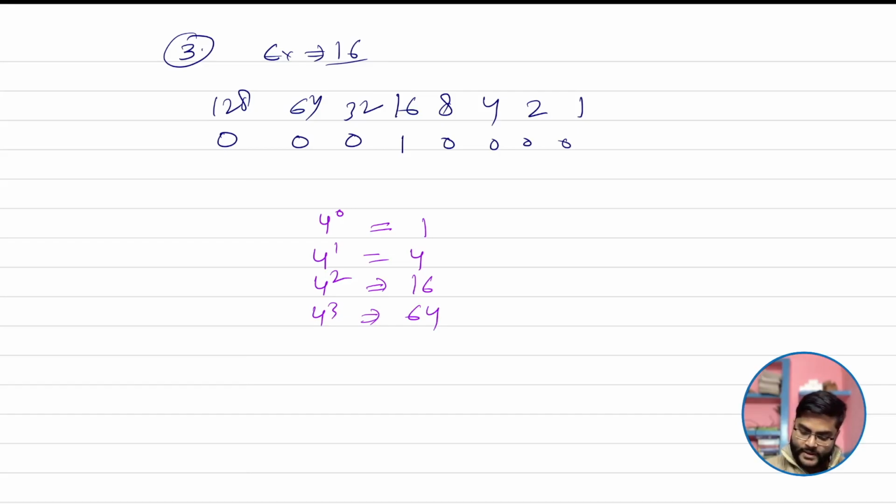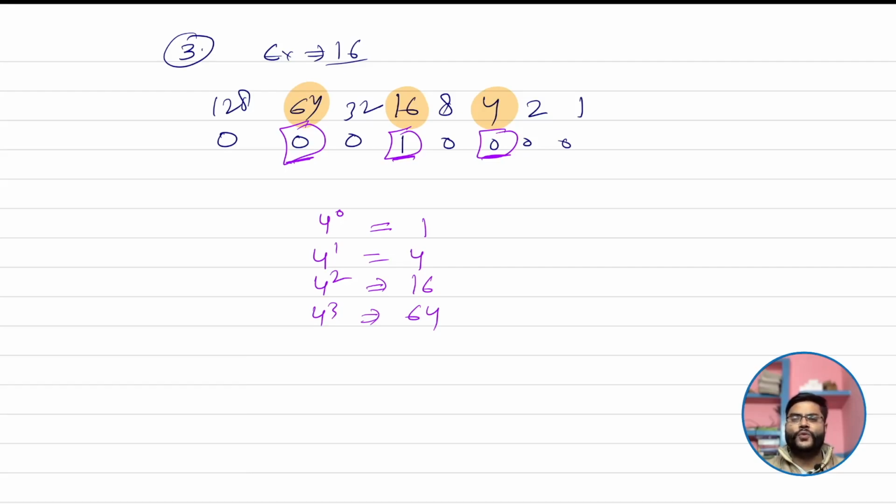Okay. So if we observe, this bit and this bit and this bit, my number will be a power of 4 if my only set bit is at any of these positions. First, it should be a power of 2.